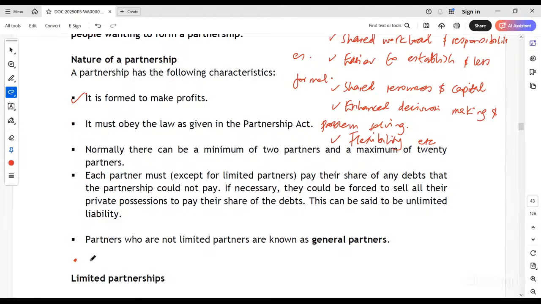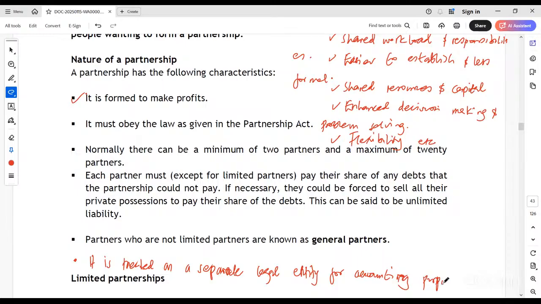A partnership is treated as a separate legal entity for accounting purposes.